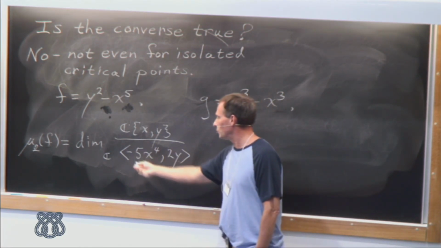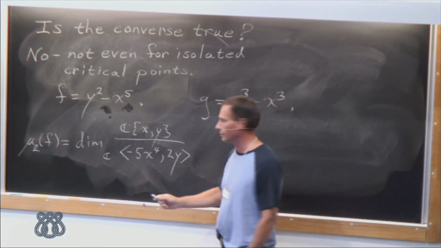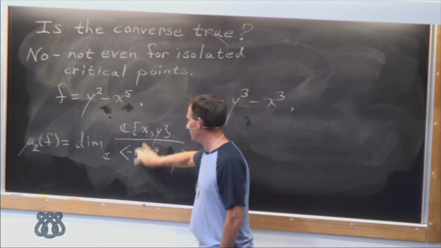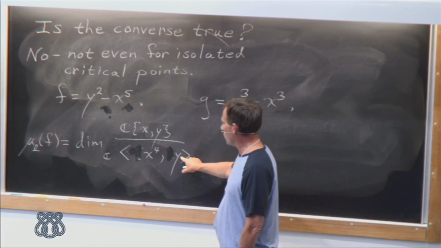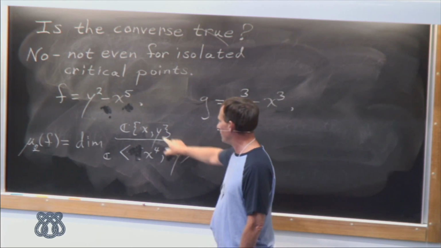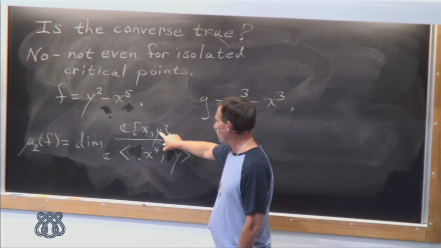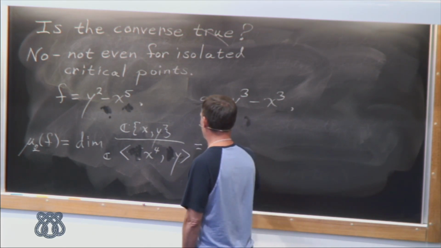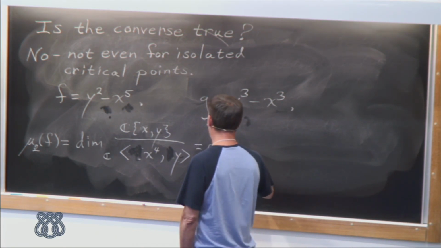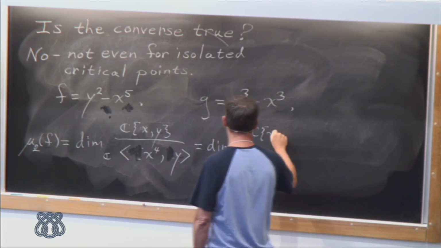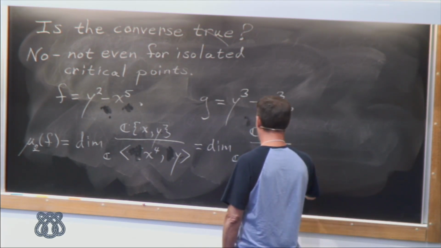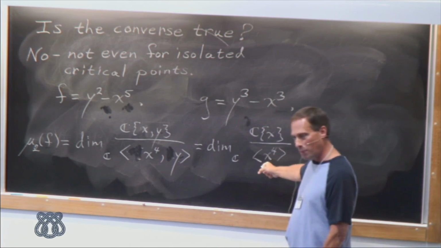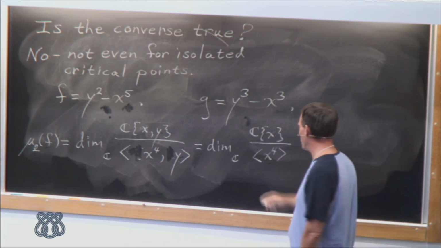These 2 constants do not matter. That ideal is the same as this ideal. You are modding out by y. That wipes out all of those y's. This is the same as the dimension as complex vector space of the ring of convergent power series in x modulo x to the 4th. Well, this wipes out all the powers of x greater than or equal to 4.